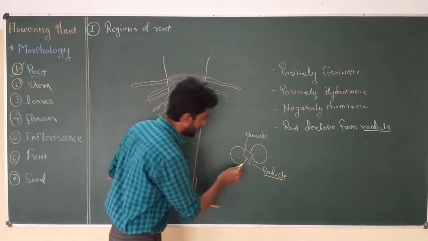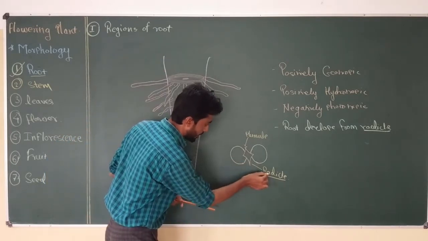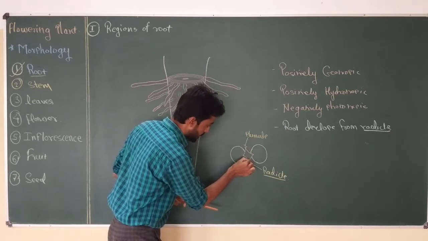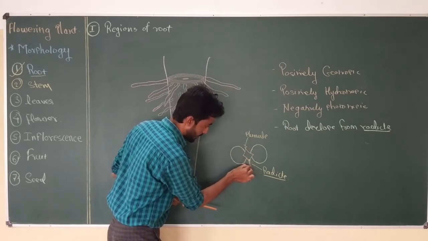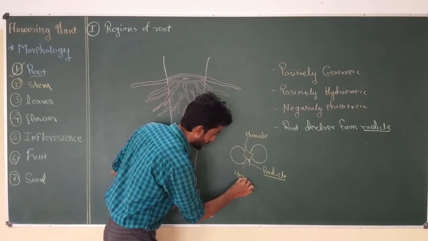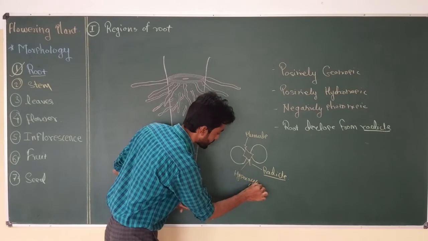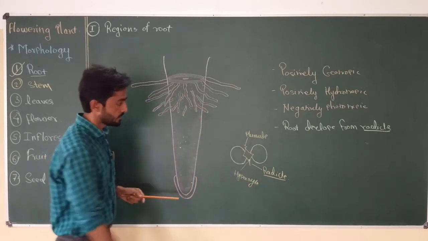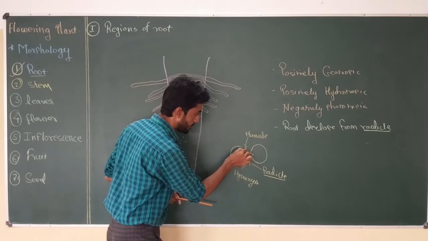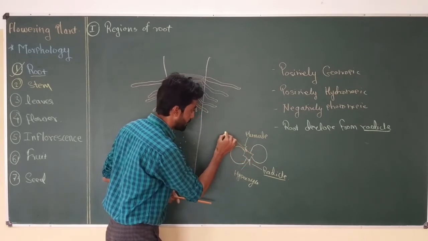Now you can see the portion of the radicle just above the axis is called hypocotyle. And the portion of this band just below the plumule is called epicotyle.